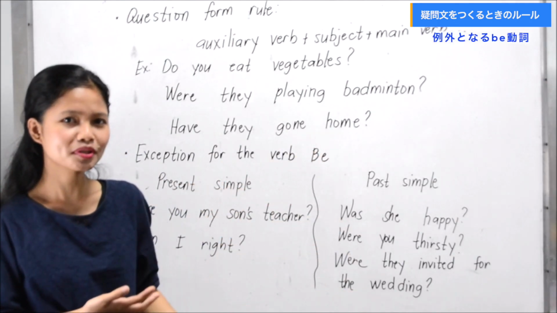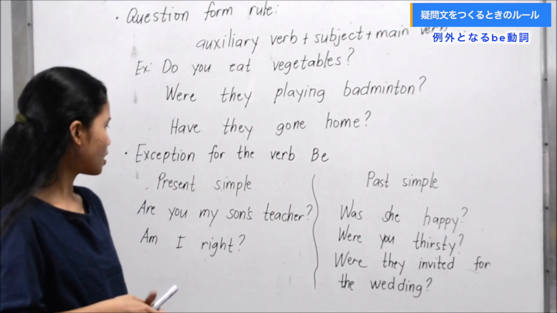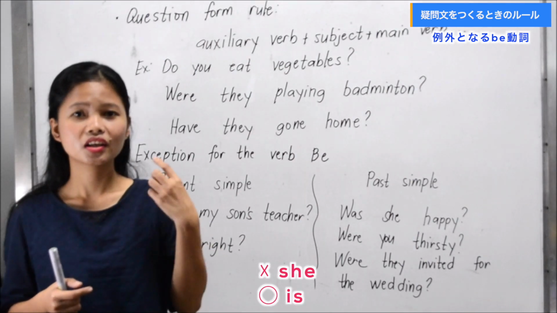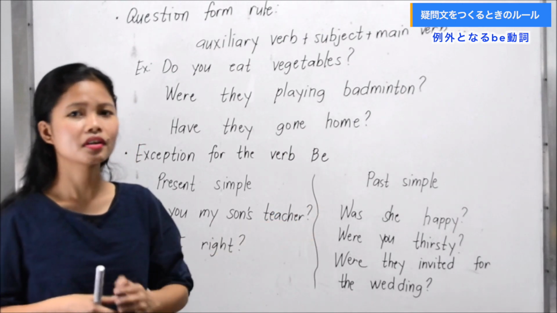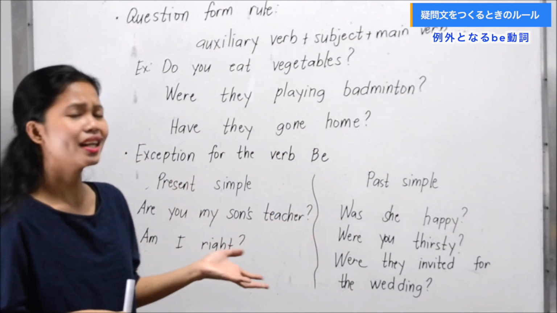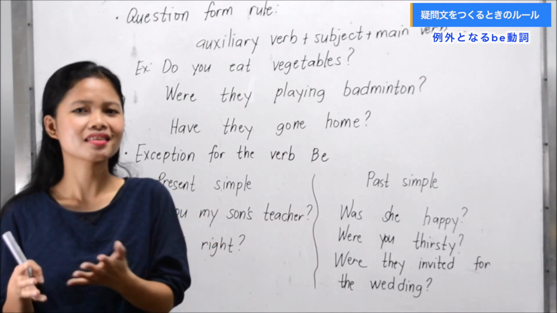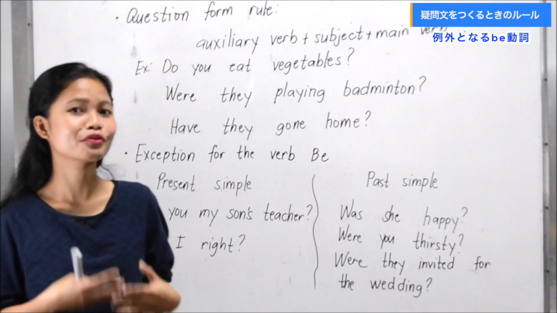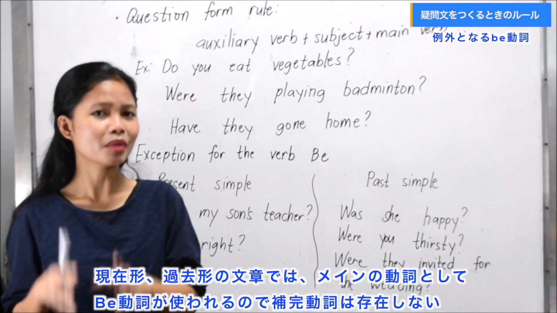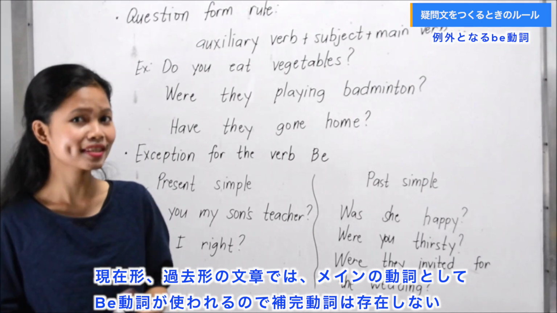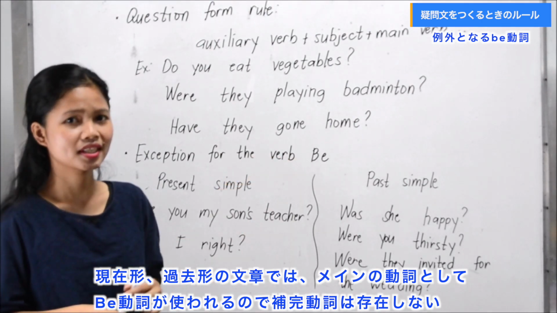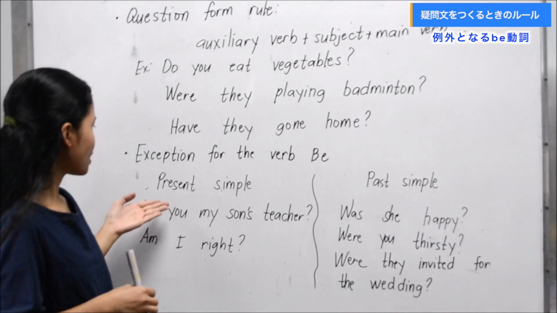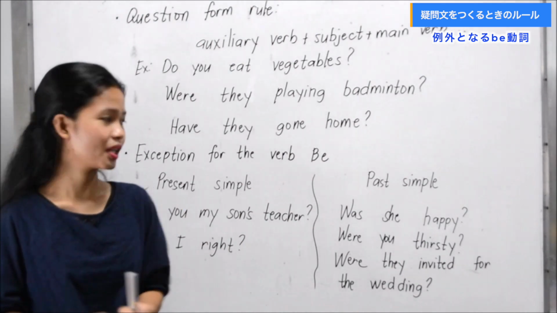Okay, now let's have the exception for the verb be. Examples of the verb be are: she was or were. In present and past simple tenses using the verb be as the main verb, you don't have an auxiliary verb. All you have is the verb. Here are examples for the present simple.